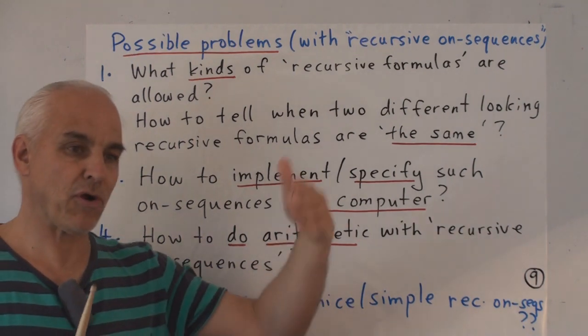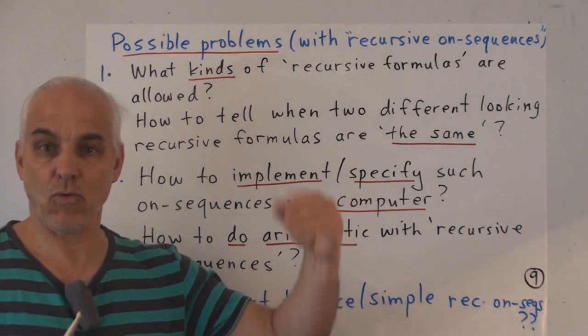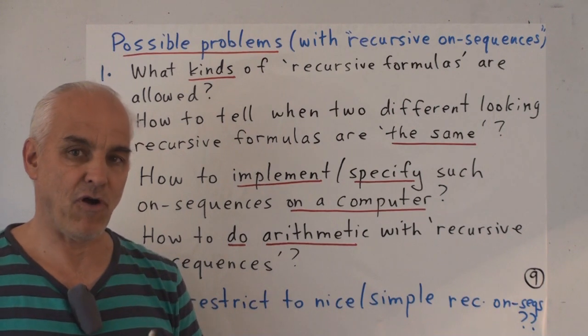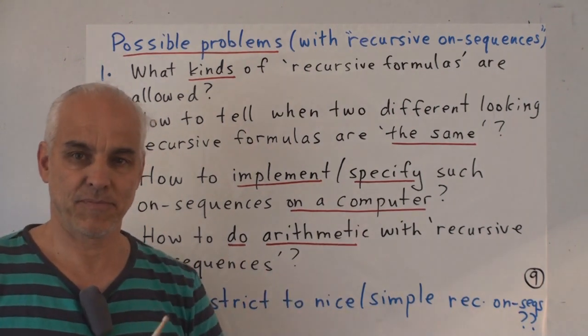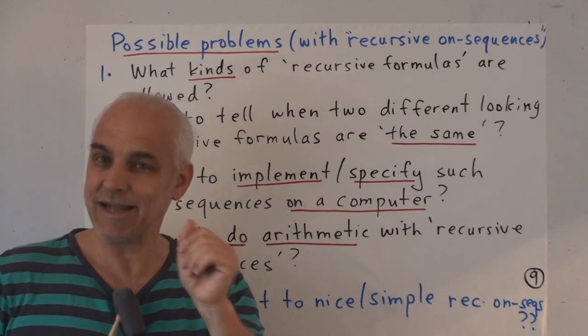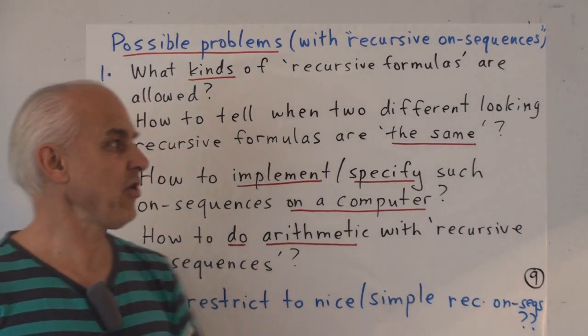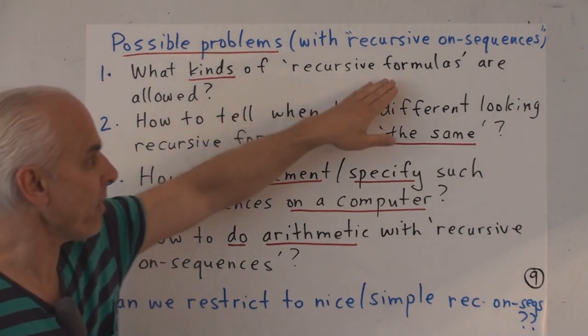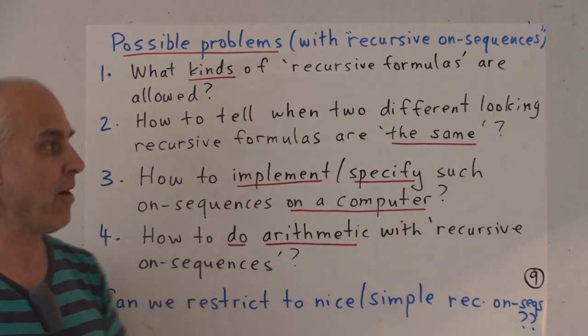Are we going to allow recursive formulas that are very wordy, ones that involve maybe physical phenomena? The same kinds of problems that we have in defining what exactly a function is surface here. What kinds of formulas are we actually going to allow?